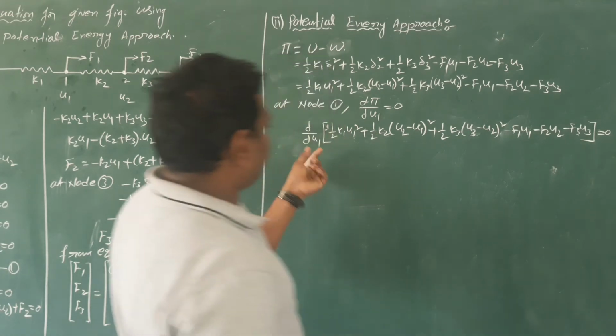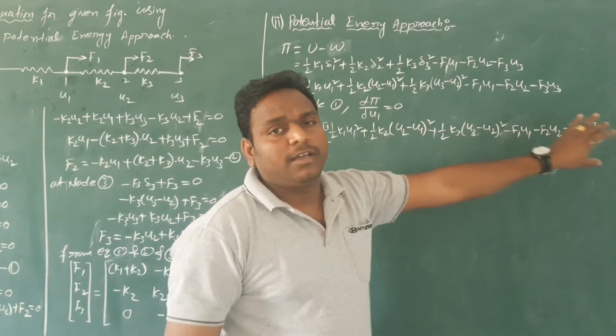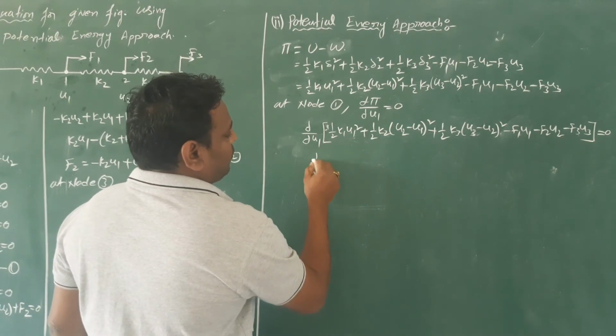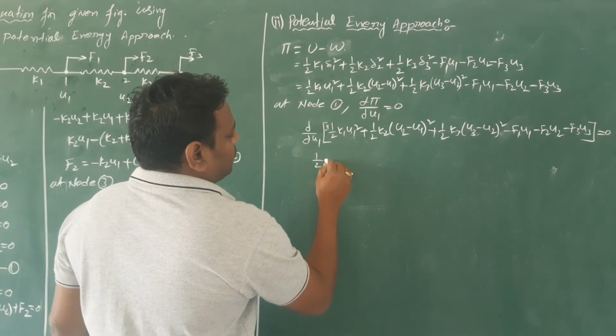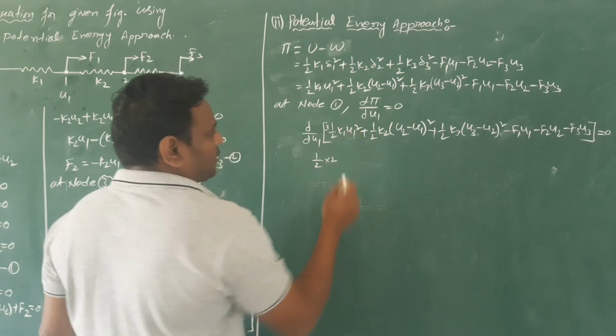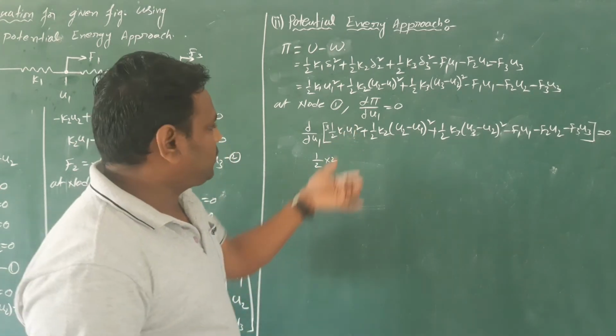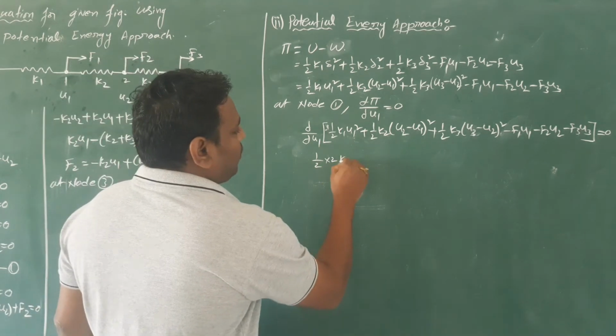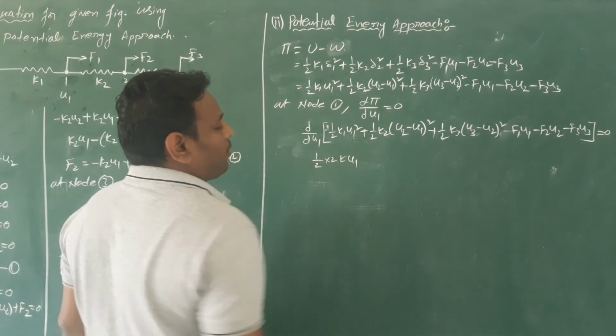So differentiate the entire equation with respect to U1. Here U1 is there, 1/2 U1 square, that is x square, differentiation is 2x. So that's why I write here 2 into K1 into U1.